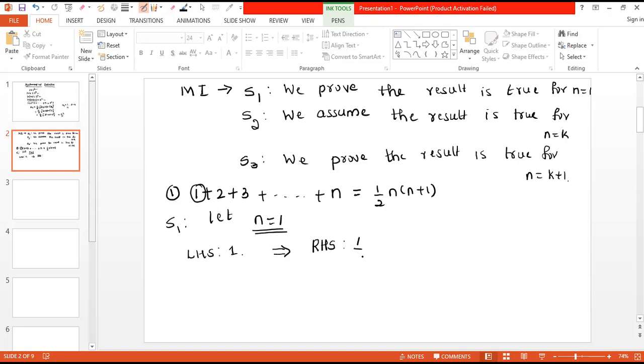This will be half into 1 into 1 plus 1, which is half into 2, which is again 1. So you can clearly observe here LHS is equal to RHS, that is equal to 1. So this gives us that the given formula or the result is true.